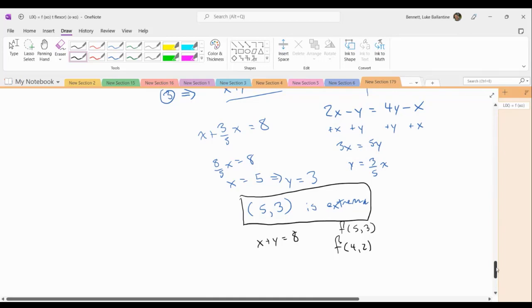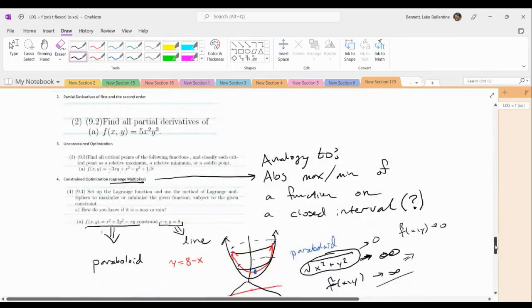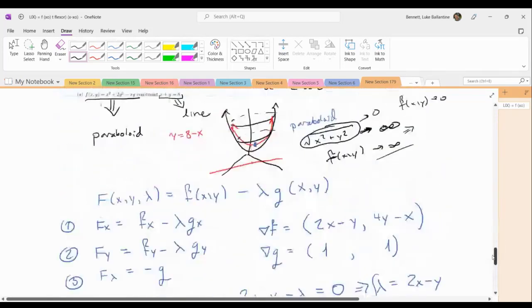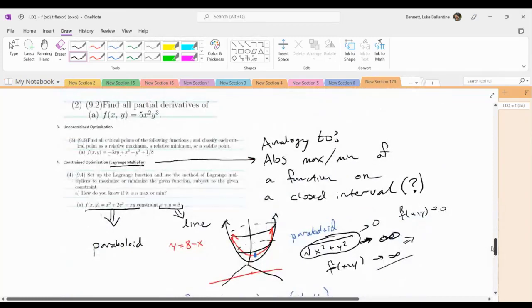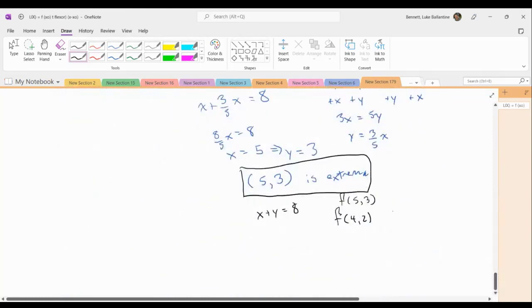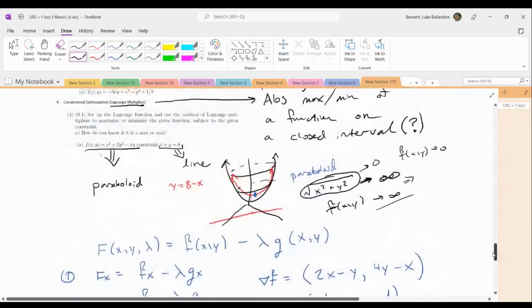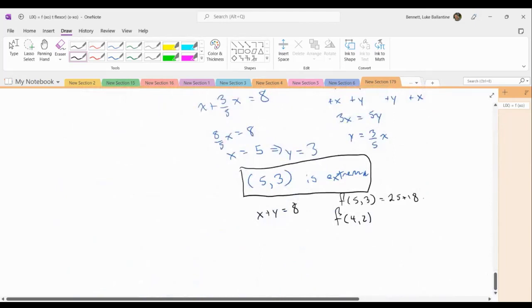So f of 5, 3 would be, oh, I don't want to do that. 25 plus 18, minus x times y, minus 15. Oh, that's not too bad. So 28.